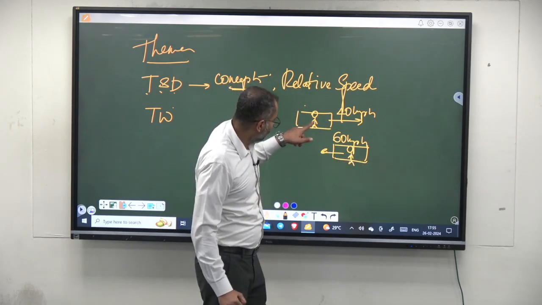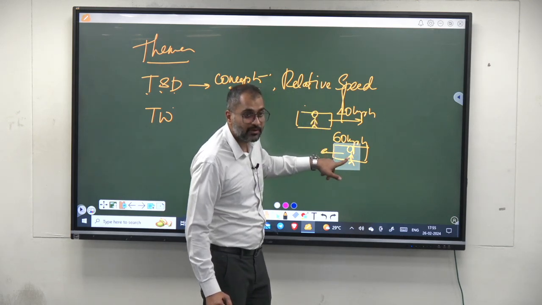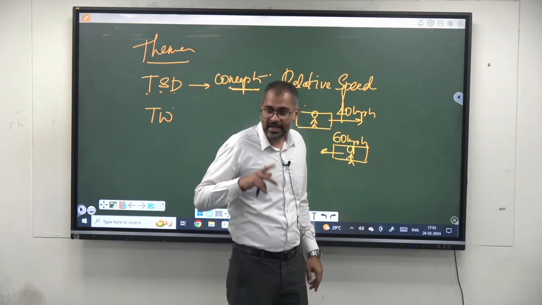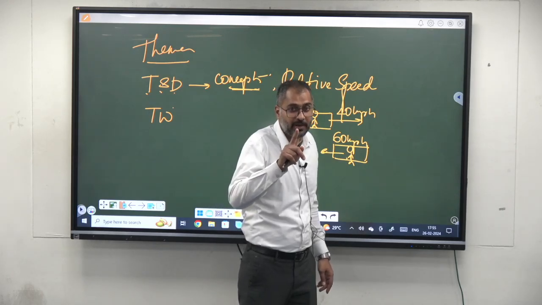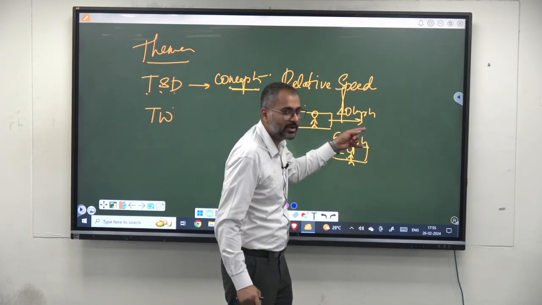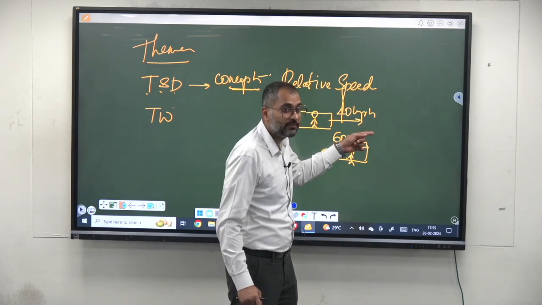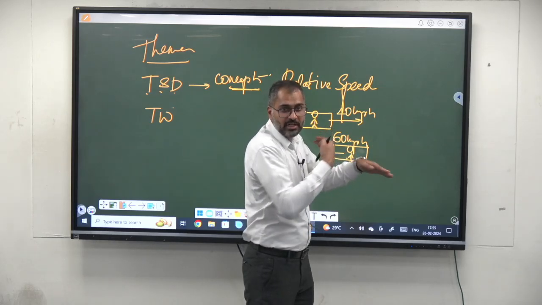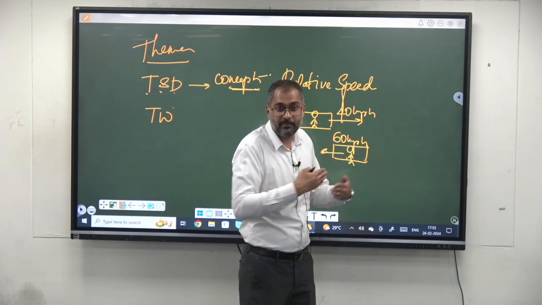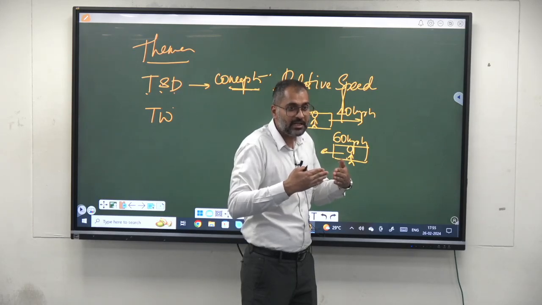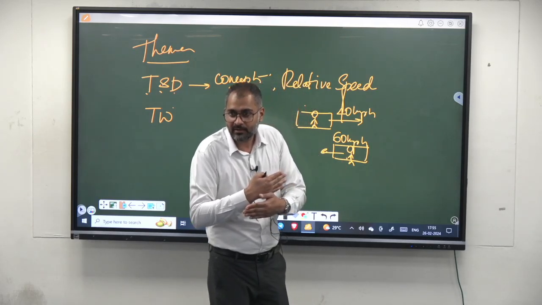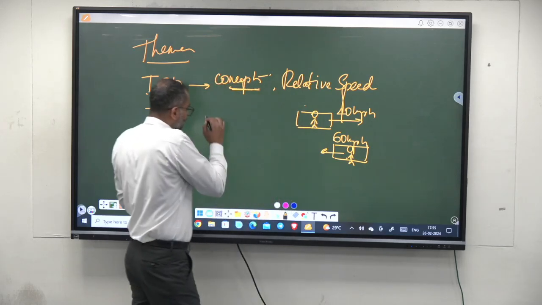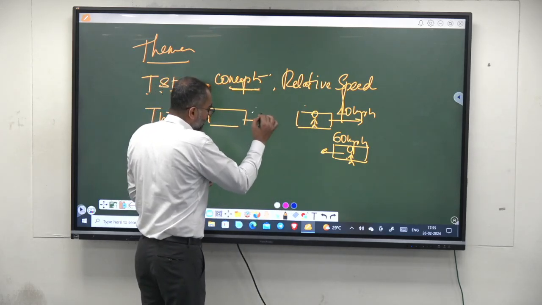He feels that this bus has passed him at a speed not of 60 kilometers per hour, because he also will be moving simultaneously. So what does he feel? This is 40 and this is 60. The total speed he feels, or if he met with an accident, the total impact will be 100 kilometers per hour.